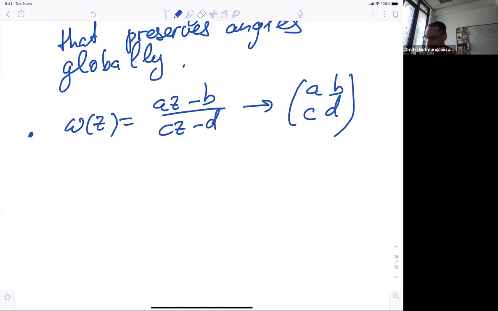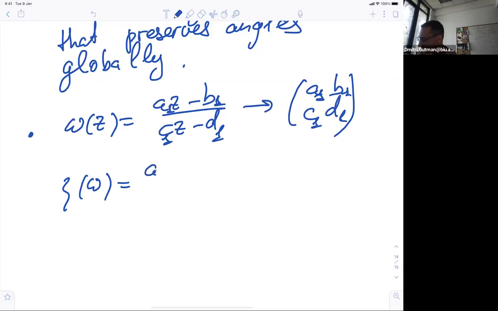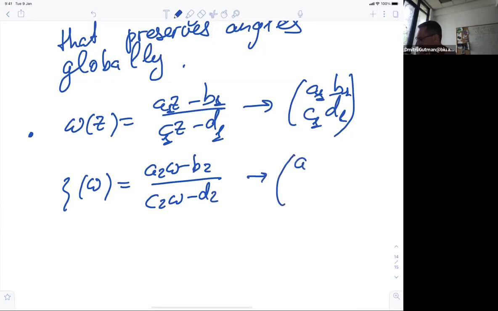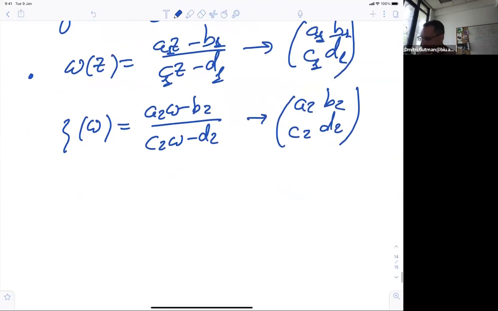And then you can show that for a composition of two Möbius transformations, the composition can be represented by a product of these matrices.